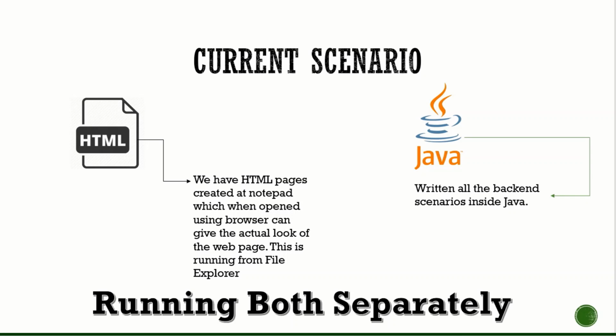That is one case for HTML. The next is Java, where we have written all our backend services. We are running both cases separately. For HTML, you go to the file explorer and run the page. On the Java side, you start the application, and the Java services run on a different port. This is the current scenario.